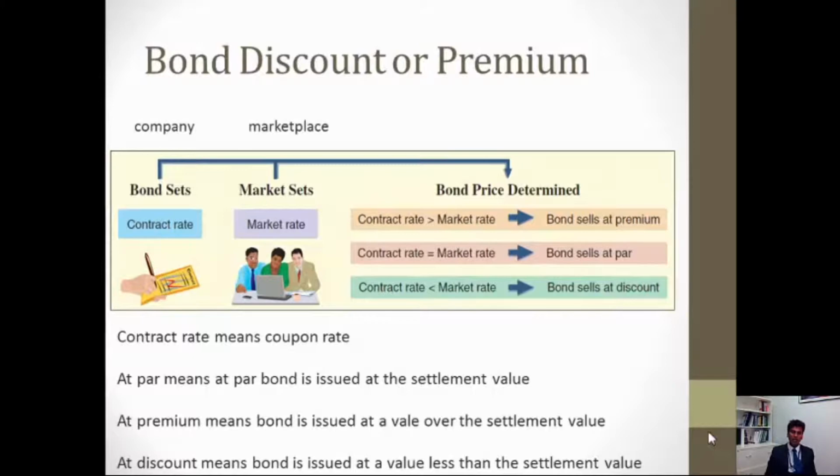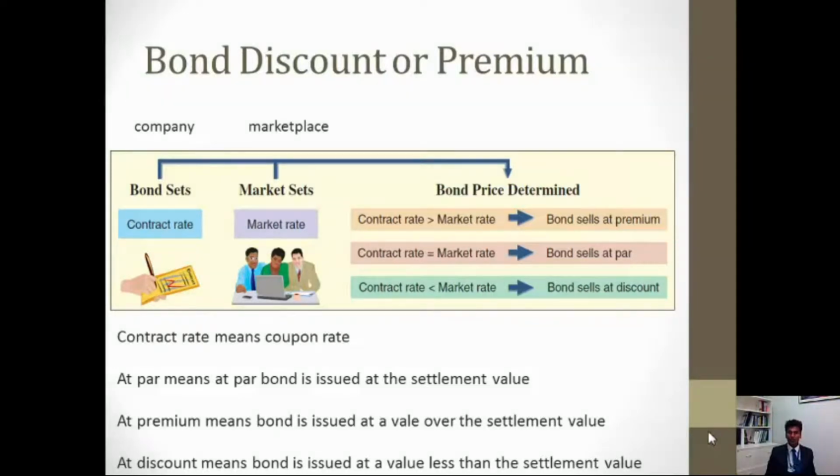So if the bonds are issued at an interest rate above the market interest rate, then investors will react favorably and offer more money than the settlement value. So the issue value will be greater than the settlement value.